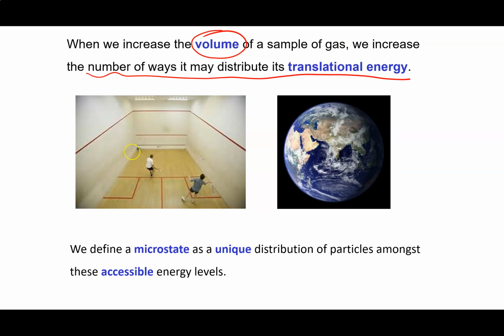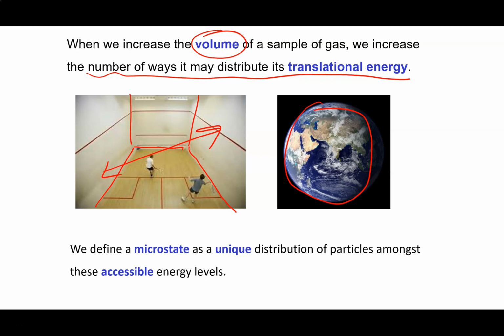So when our gas molecules are contained within the tire, it's kind of like a squash ball being contained within a squash court. There are only very few, a minimal number of ways in which those gas molecules can move. They are confined within a particular region of space. But once the gas molecules leak out of the tire, they can be anywhere in the atmosphere.